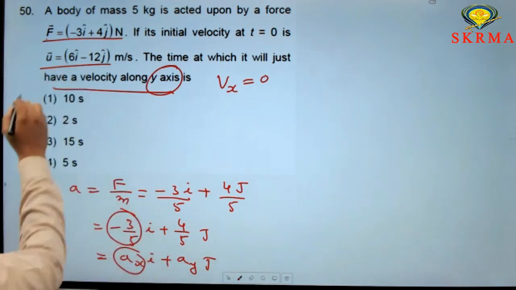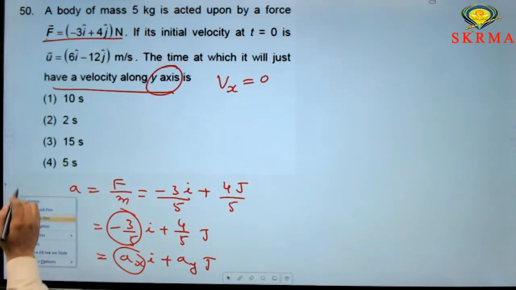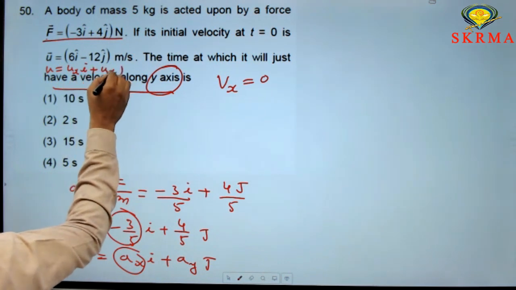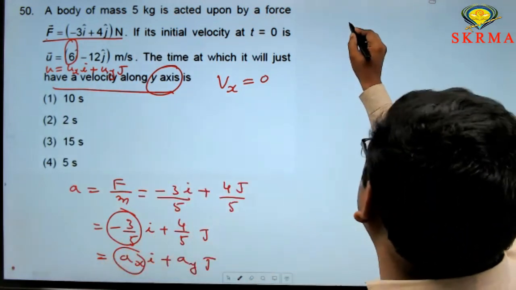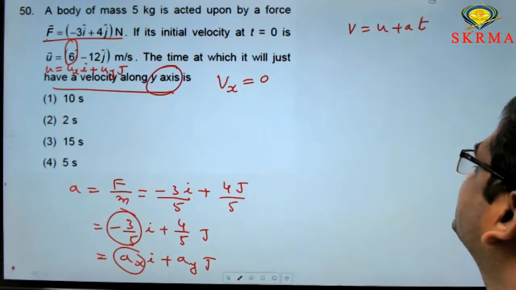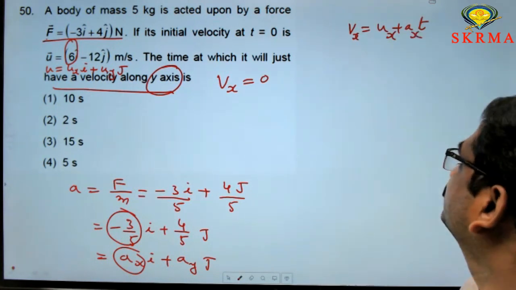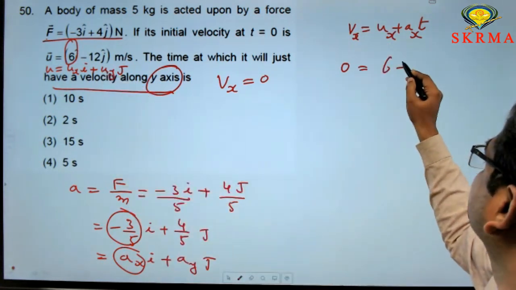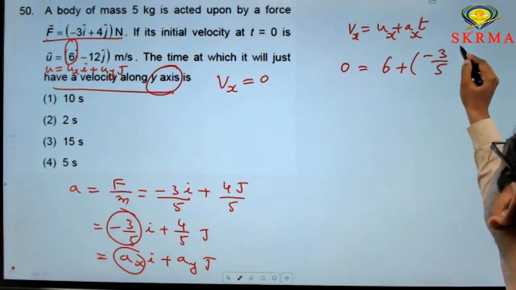Here also the same logic: u equals Ux into i plus Uy into j, and Ux is 6. Final velocity from the equation of motion, v equals u plus at. Apply this condition along the x-axis only. That means Vx equals Ux plus Ax into t. Vx is 0, Ux is 6, plus Ax is minus 3 by 5 into t.